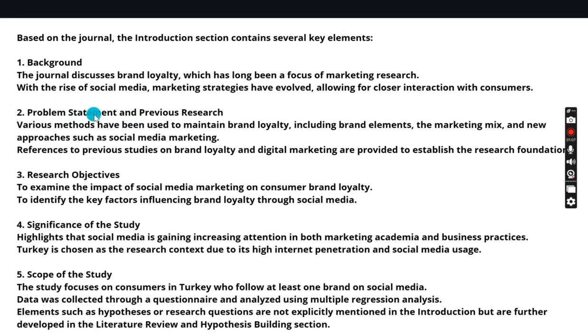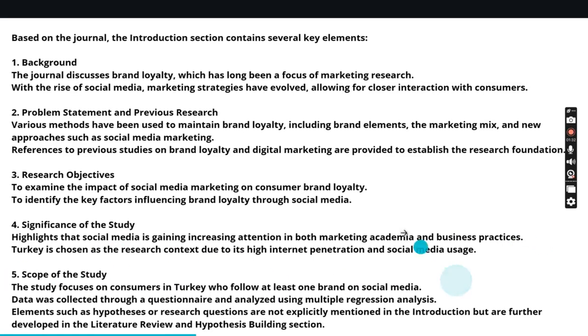And the problem statement and previous research: various methods have been used to maintain brand loyalty, including brand elements, the marketing mix, and new approaches. The research objective is social media marketing on consumer brand loyalty. Significance of study highlights that social media is gaining increasing attention in marketing, academia, and business practice. And the scope of study is here.